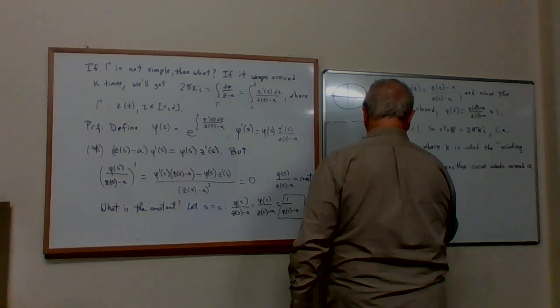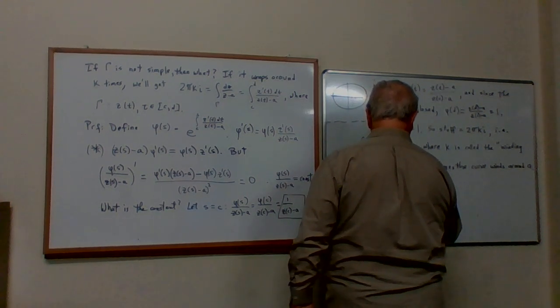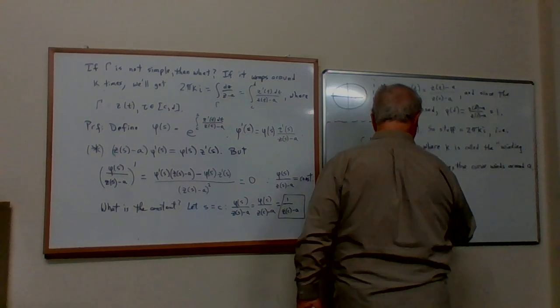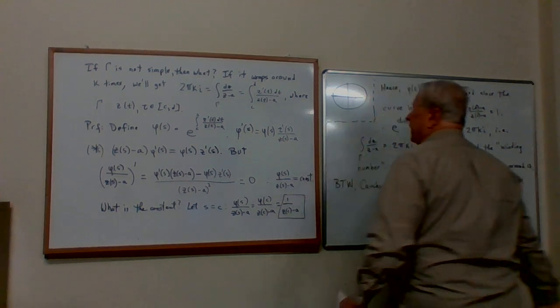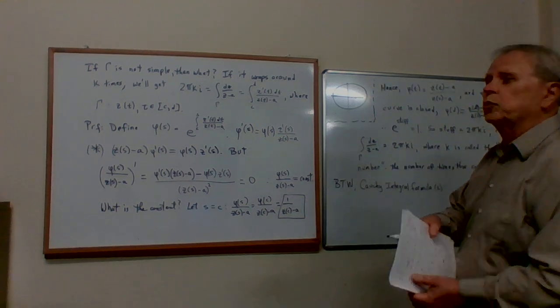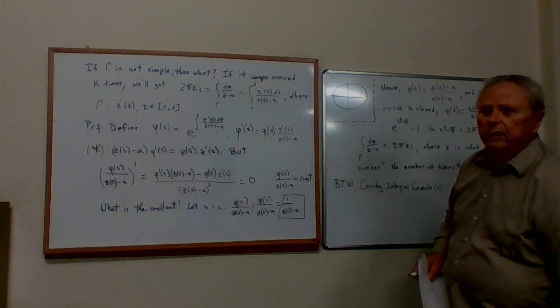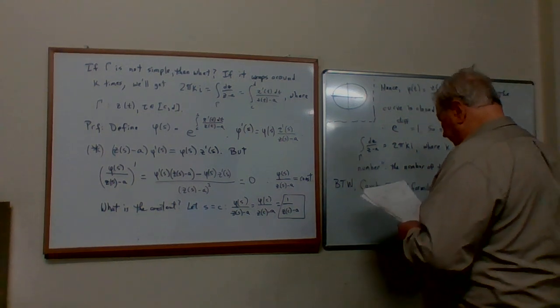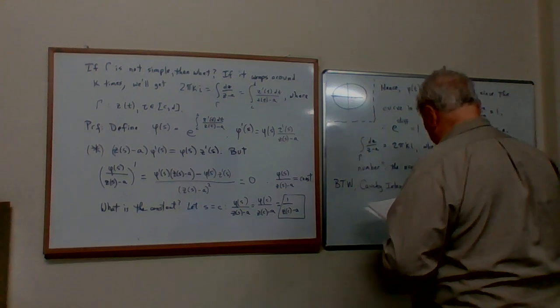Cauchy, I mentioned that there were two of them. Cauchy integral formula 2 has to do not just with the function value at A, but with the values of the derivatives at A. So it goes like this.